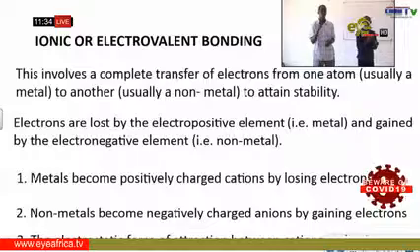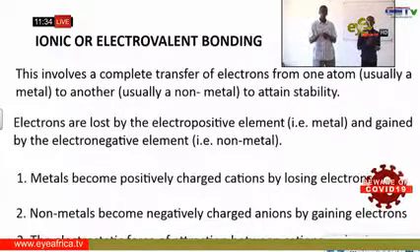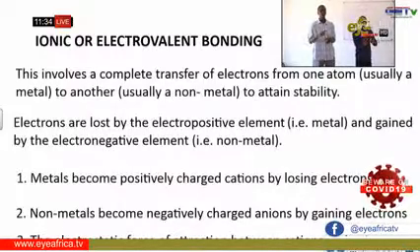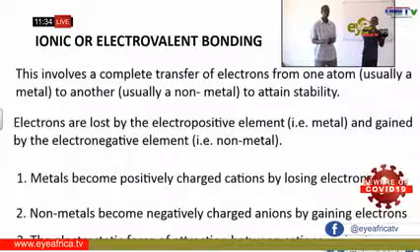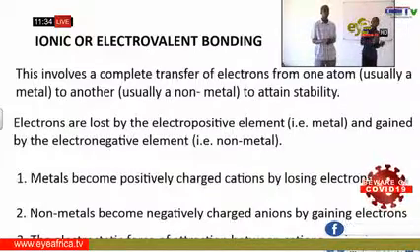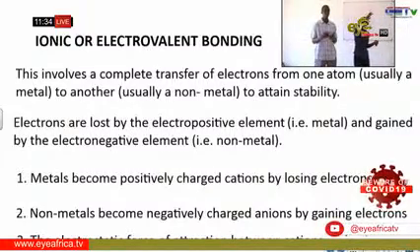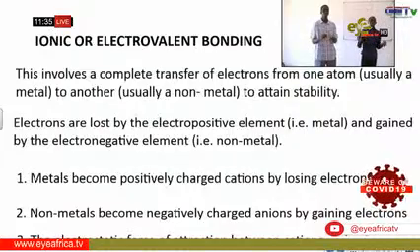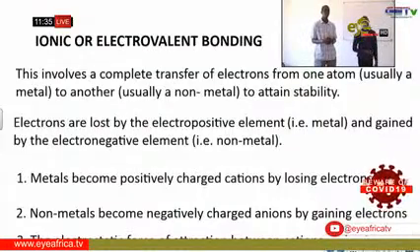Which means non-metals tend to receive electrons. But this happens so that they will both attain stability. That is, both the metal and the non-metal will finally attain stability.